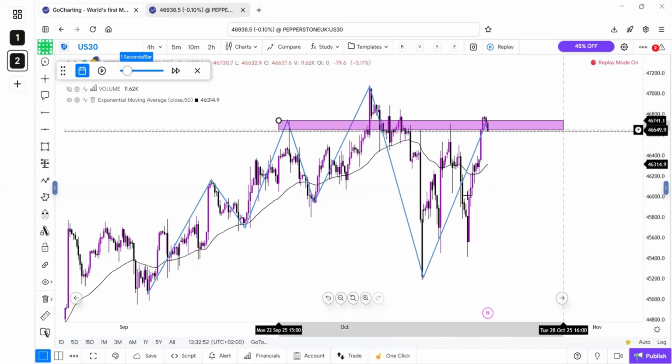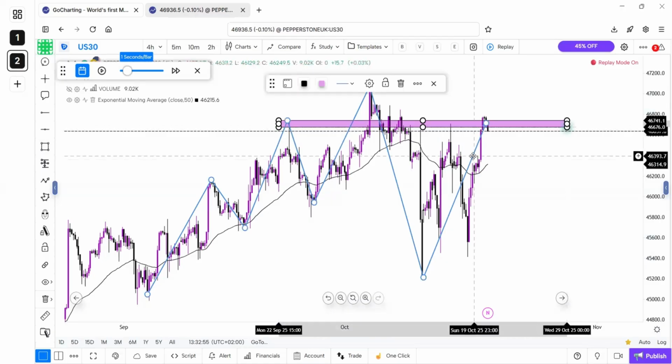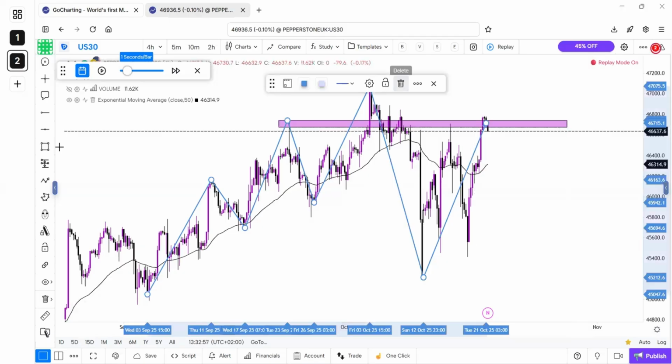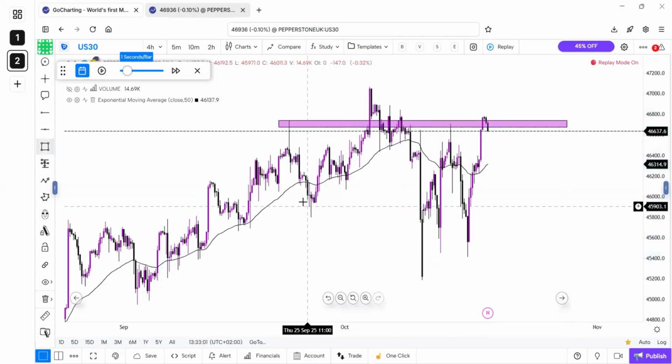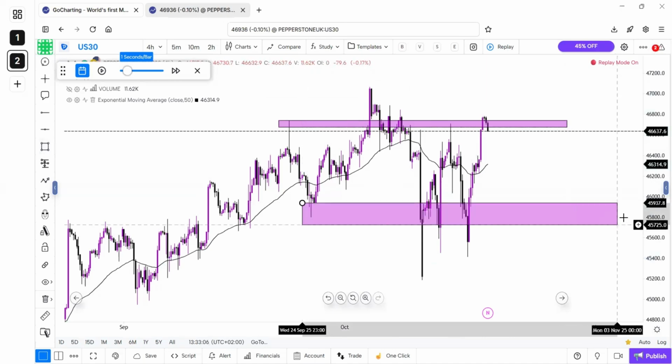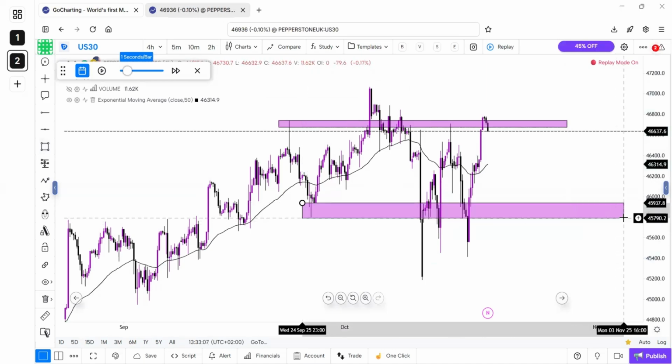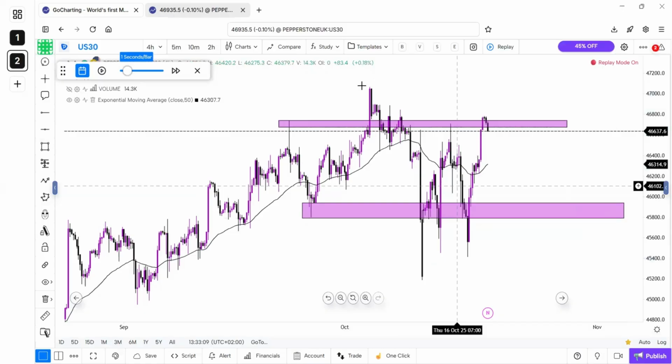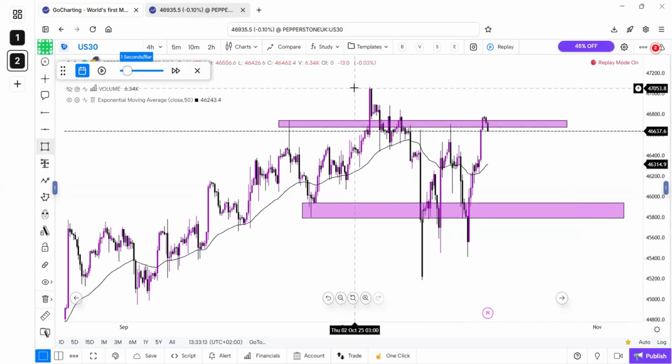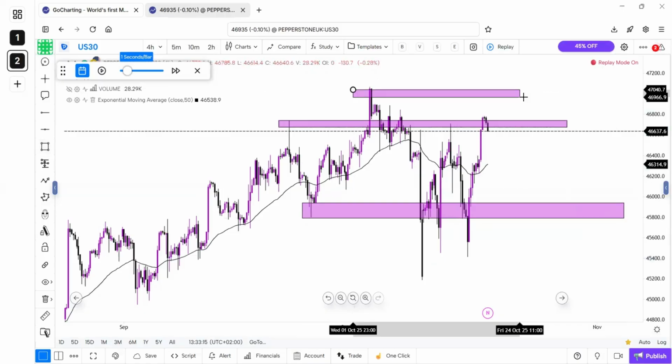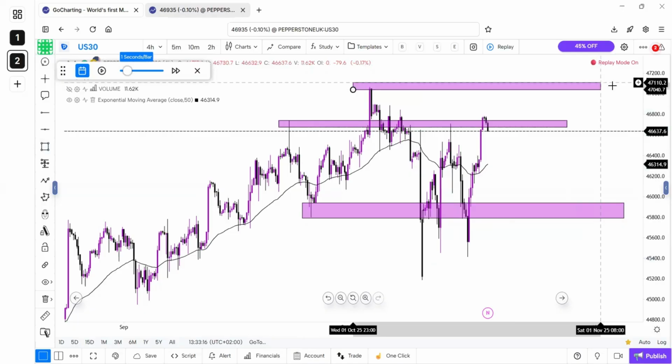Let me remove this to not confuse you. So I marked this higher high and I marked this higher low, okay? So, okay, and then I marked the higher high. I'm gonna explain to you how to know when to stay off the markets and when to enter, okay?